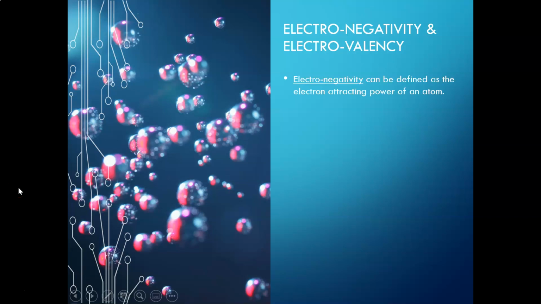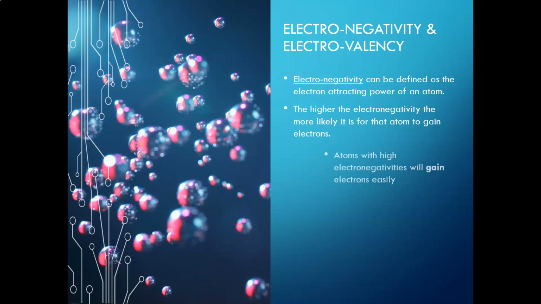Electronegativity can be defined as the electron attracting power of an atom. The higher the electronegativity, the more likely it is for an atom to gain electrons. Atoms with high electronegativities will gain electrons very easily, so that's what we mean.